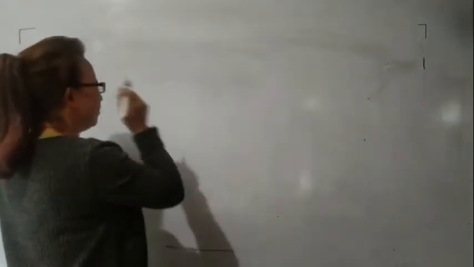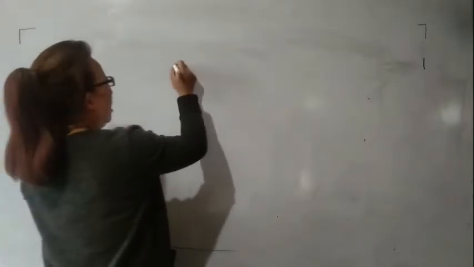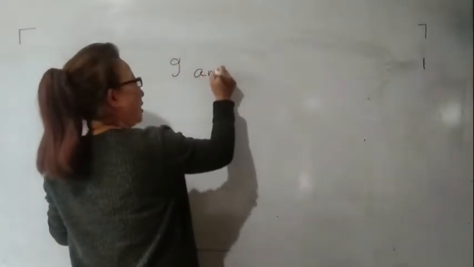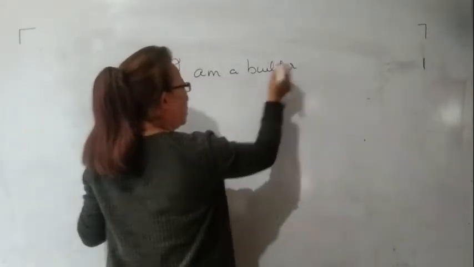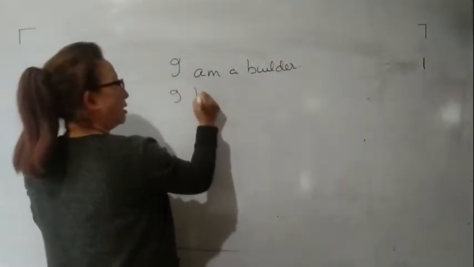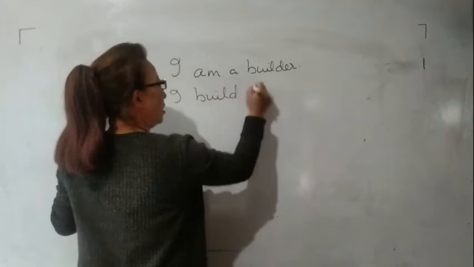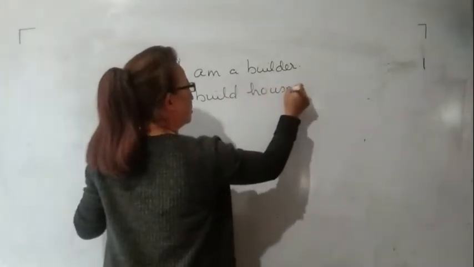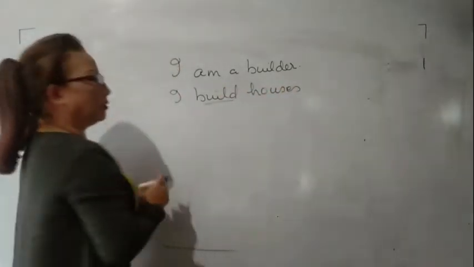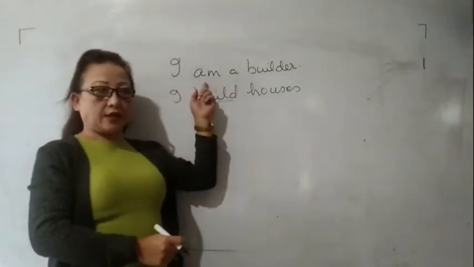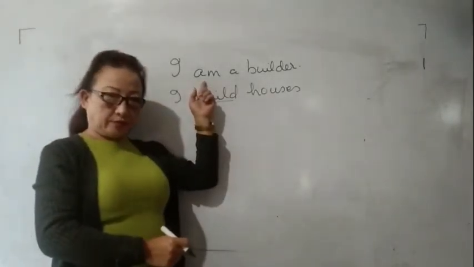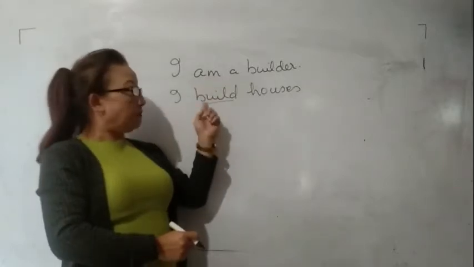I may say, I am a builder. So what do I do? I build houses. I am a builder indicates that my profession is building. So I build houses.